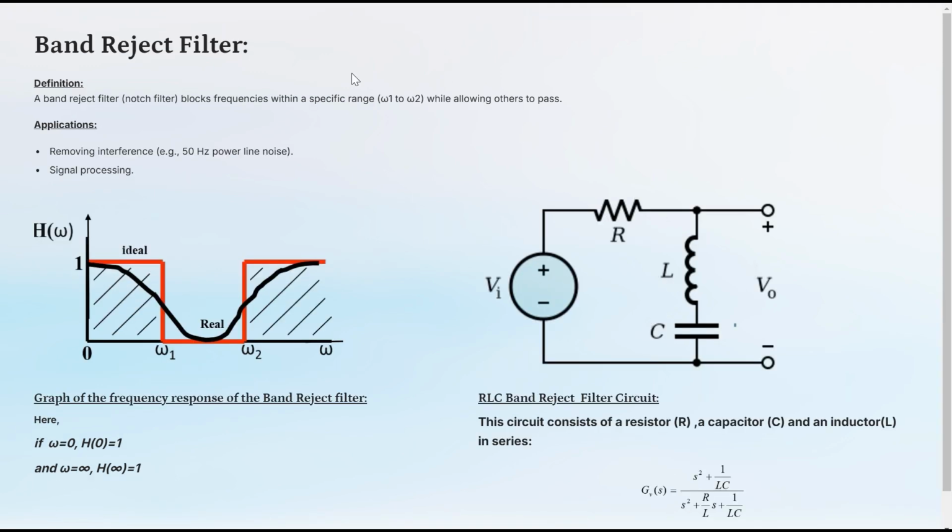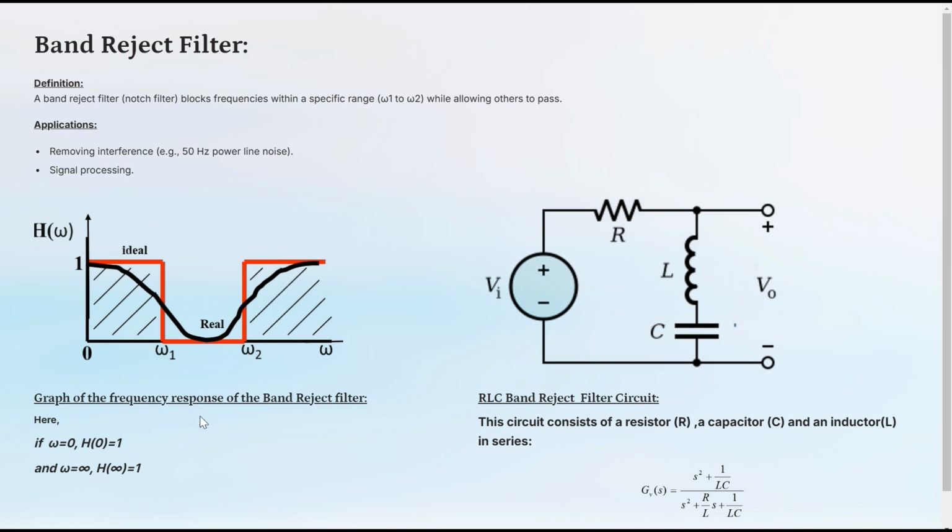Fourth one, the last one, is a band reject filter or notch filter. It blocks frequencies within a specific range, omega 1 to omega 2, while allowing others to pass. It has applications like removing interference, for example 50 hertz power line noise, and signal processing.